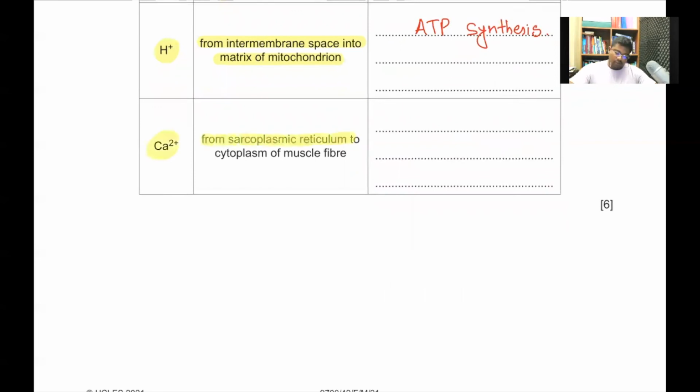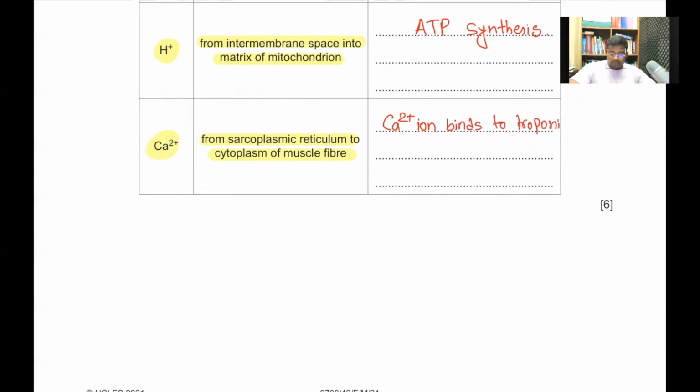Calcium ion from sarcoplasmic reticulum to cytoplasm of muscle fiber. So from sarcoplasmic reticulum to the cytoplasm of muscle fiber, calcium ion will bind to the troponin. Ca2+ ion binds to troponin.